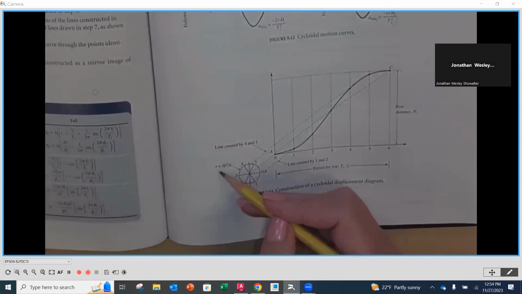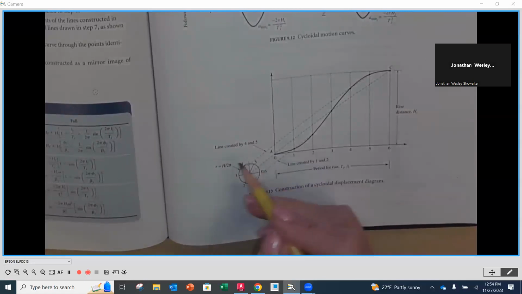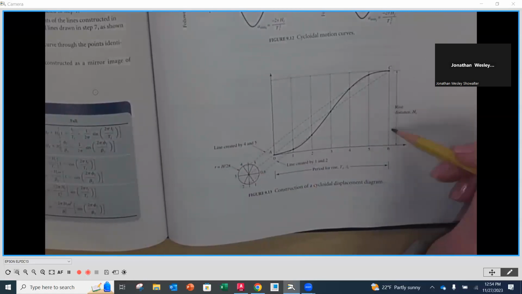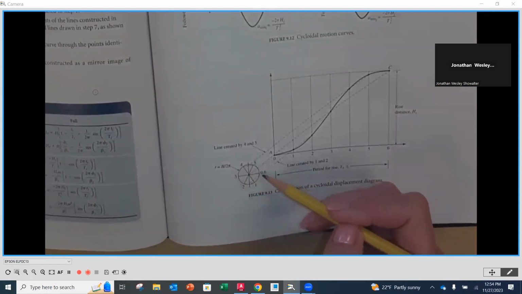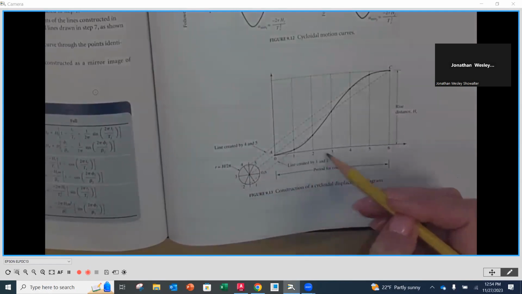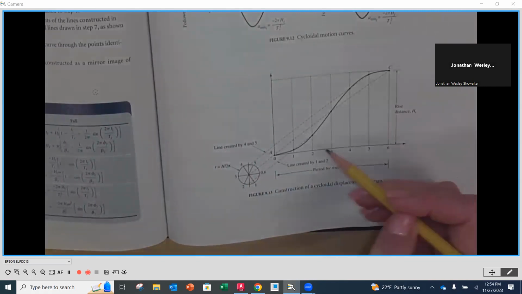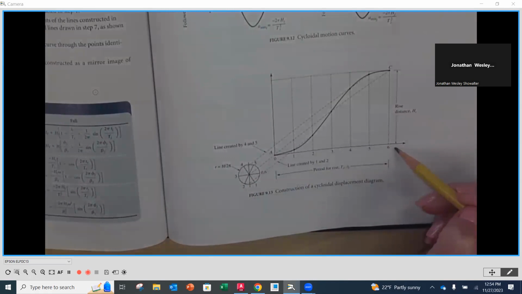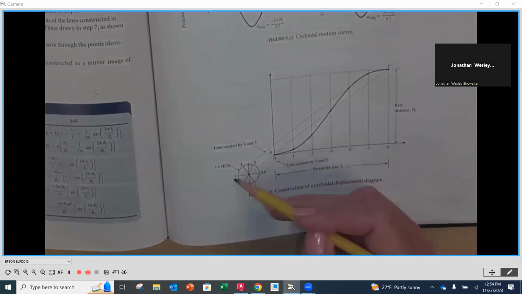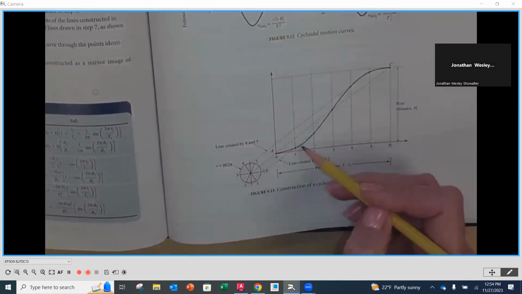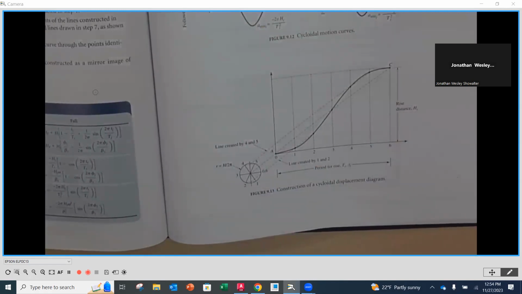The radius of that circle is going to be the total height divided by 2 times pi. So they give you that. Then you're going to divide this into 6 equal sections. And along however far we're going with our T or our beta, we're going to divide that into 6 equal sections. Then we extend each one of these up, find the intersections, and create the best fit spline through those points.